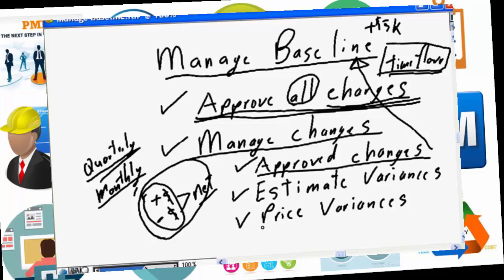And the same basically applies for price variances. You need to buy materials, you need to buy supplies for your project. Going in, you obtained quotes from vendors. This is your expectation of how much material A is going to cost. This is your expectation of how much material A you need. So you have a cost per unit, you have a number of units, and that gives you your material cost.